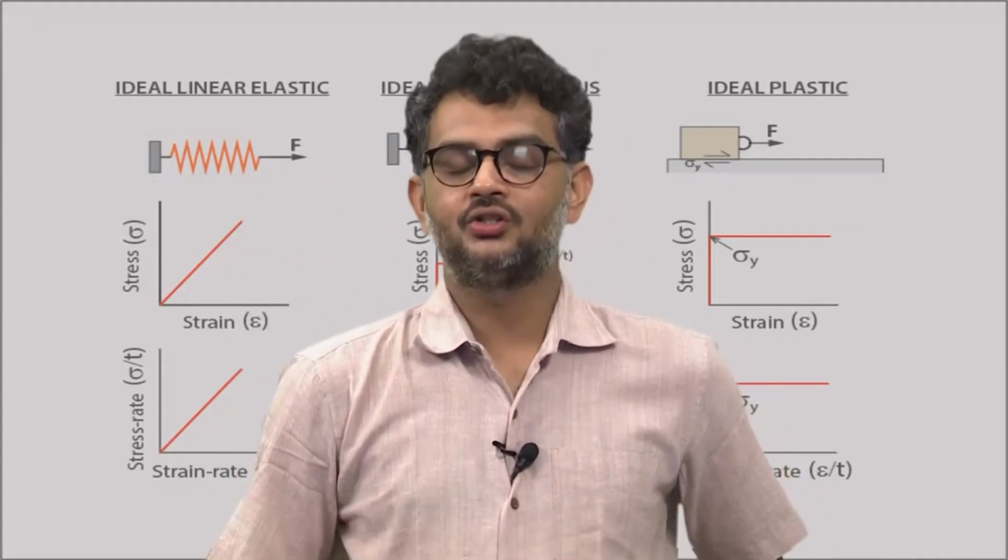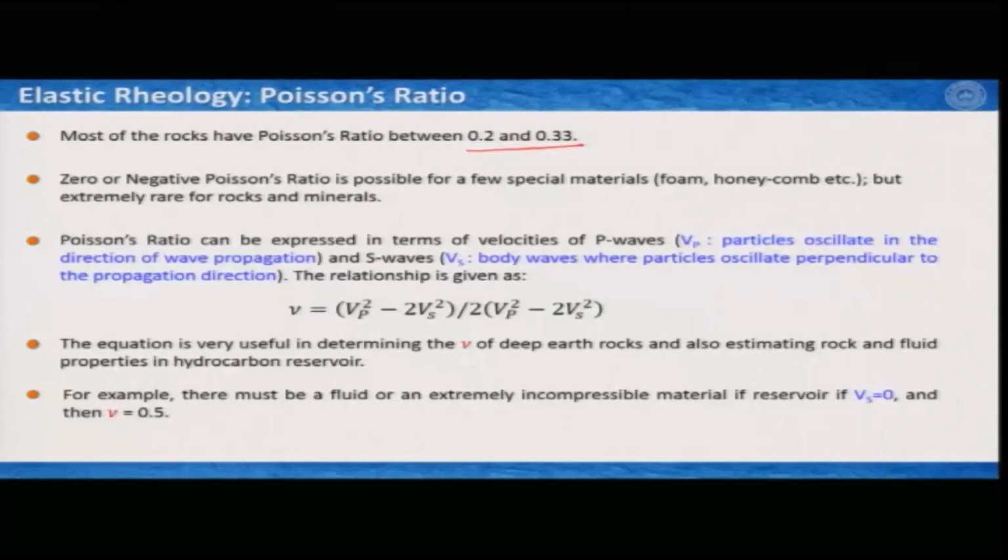So, if we write their relationship, then Poisson's ratio can come in a different form, and this is very useful because in the deep earth we only receive the signatures, mostly the seismic waves, except in some rare cases.